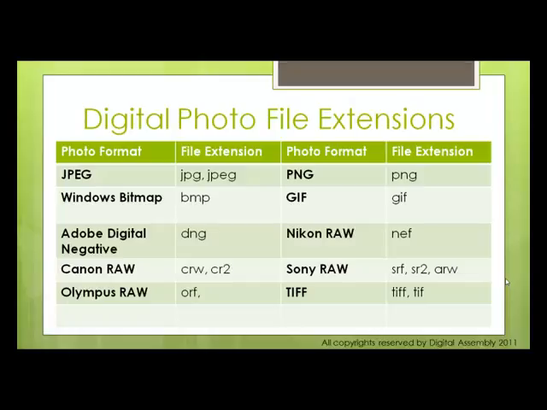It's not getting a great deal of traction right now. It still is in its infancy, and it's to be seen whether or not it becomes a cross-platform standard. Nikon and Canon each have their own RAW formats, as does Sony. And you would think that a RAW format would be a RAW format would be a RAW format. Well, it's not. They have their differences, and they're not interchangeable.